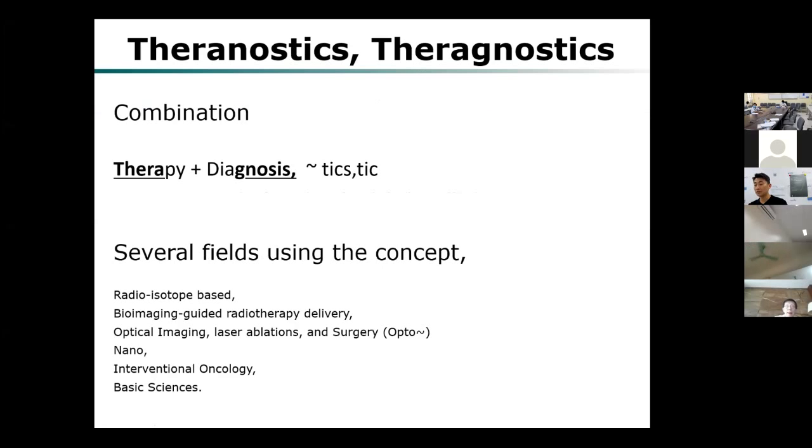First of all, I will talk about the definition of theranostics in our field. The word means the combination of therapy and diagnosis. So you can feel the meaning of therapy and diagnosis.